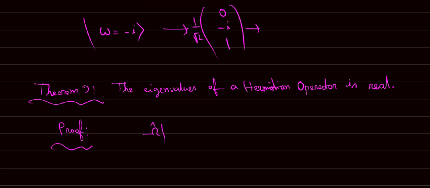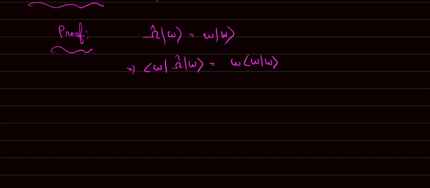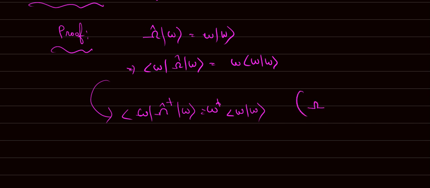Let's say this is our Hermitian operator, it gives us a number, and if we do this thing, it will give us this. Now take the adjoint of this thing, we'll find out omega is this. But we know Hermitian operators by definition are equal to their adjoint.